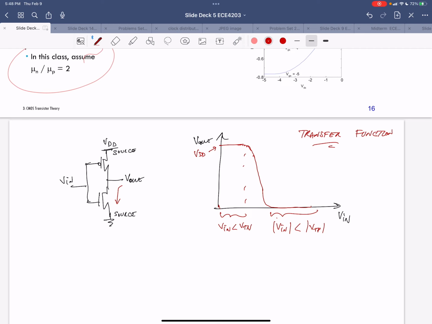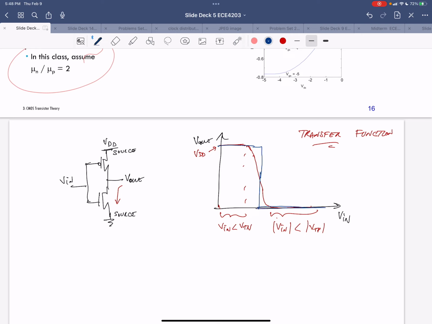Now, if I had just perfect switches here, and I superimposed that on this, this is what it would look like. At some point, the top switch would turn on and the bottom switch would turn off, or vice versa, and you'd get, that wasn't a very good drawing, this should be a straight line up and down.